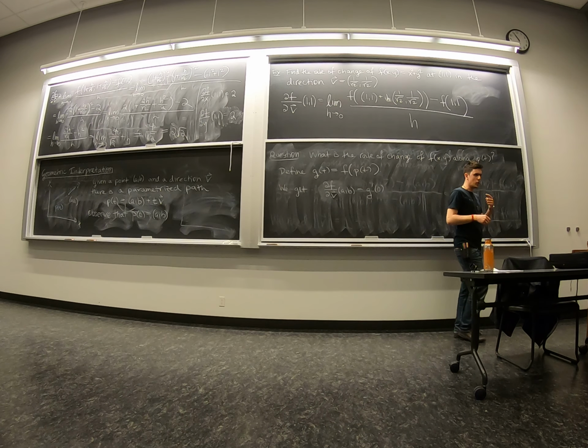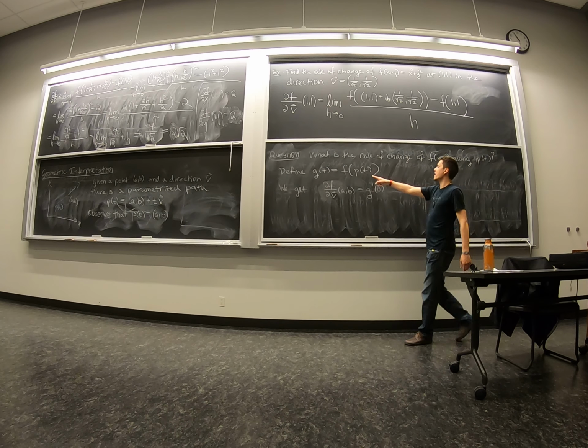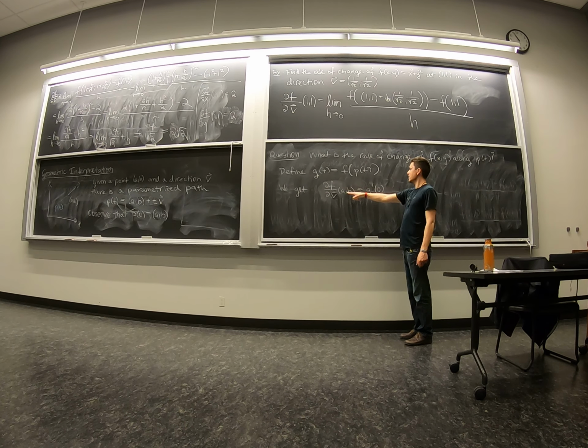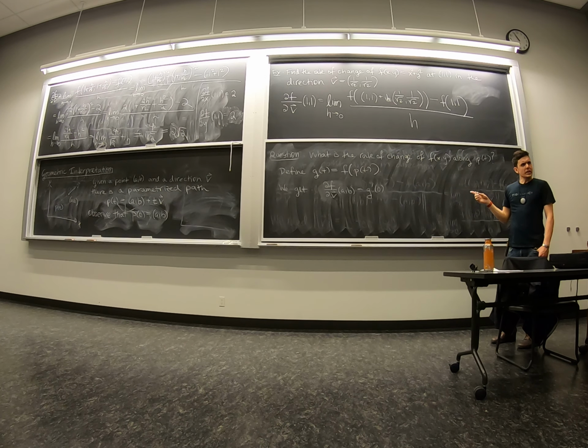Right? So this equality here is based on the notion that this path passes through AB in the direction v. And now we need to calculate this derivative. And what did you guys learn from Anastasia on Monday?